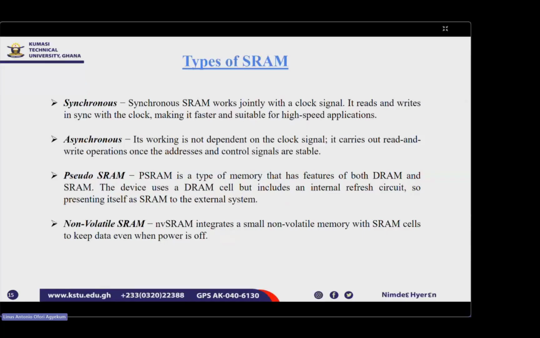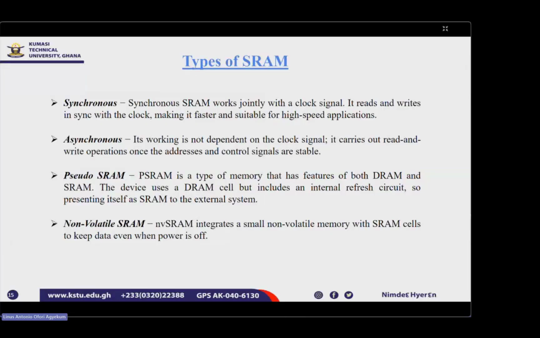And like we said, for the types of SRAM, we have the synchronous SRAM, which works jointly with the clock signal. That is, it reads and writes in a synchronous fashion with the clock signal, making it faster and suitable for high-speed applications. Then we have the asynchronous SRAM.